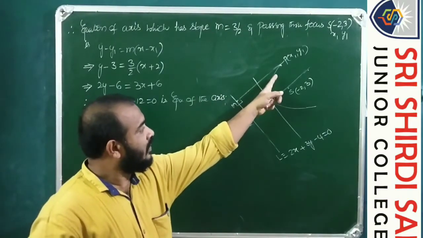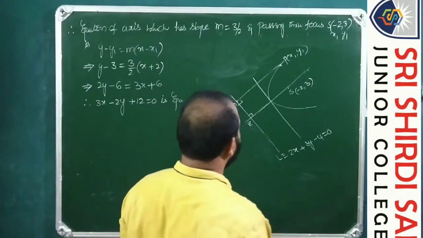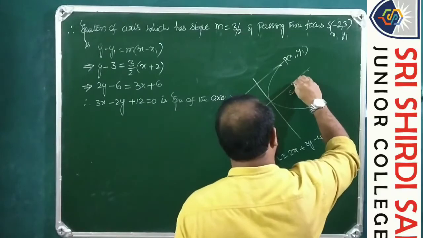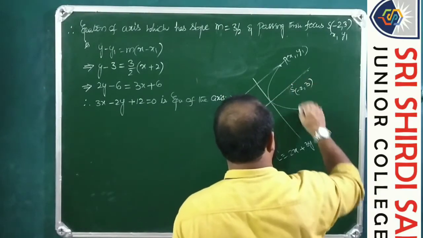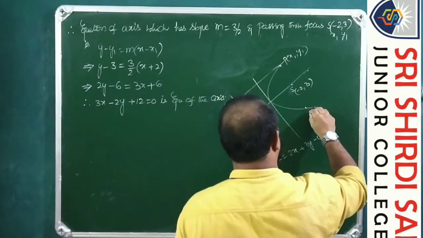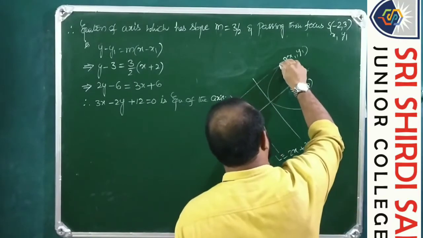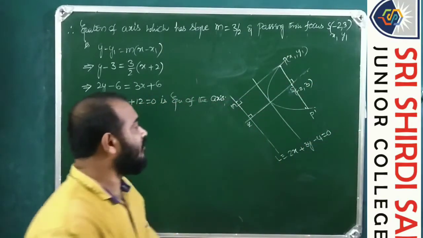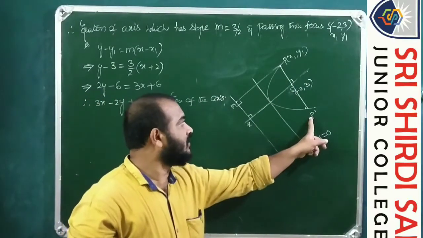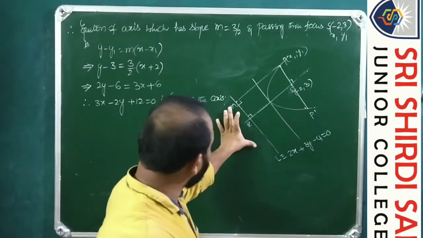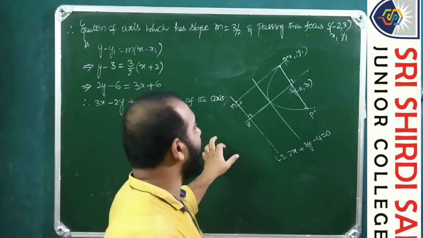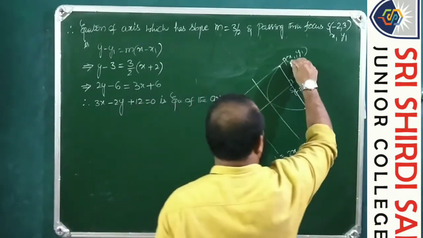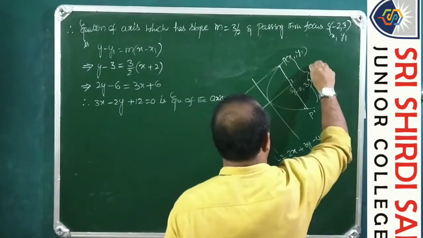And the length of the latus rectum. So this is our S and this is, let us suppose, P dash. The latus rectum is the line which is parallel to the directrix and perpendicular to the axis. And the length of the latus rectum is here. This is 4a.